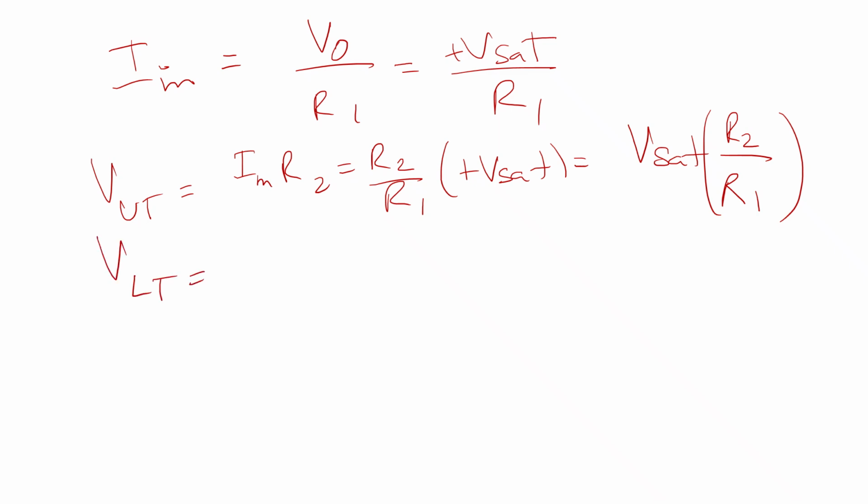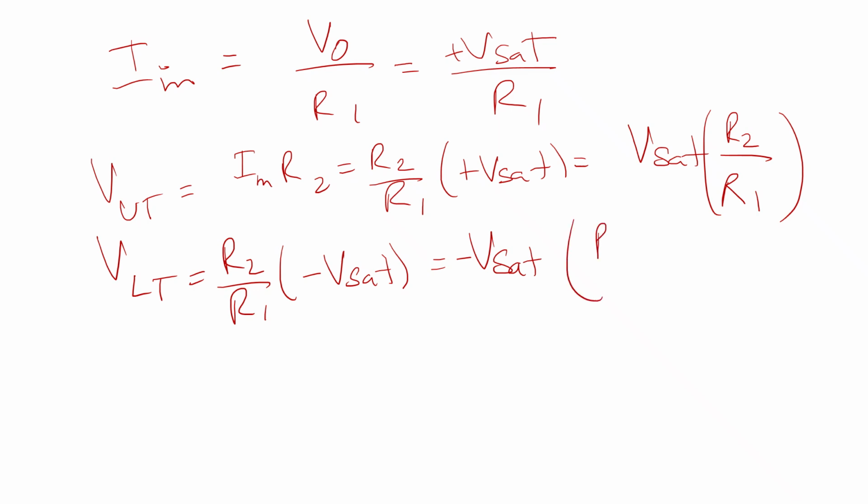And VLT is equal to R2 divided by R1 into minus Vsat, which is equal to minus Vsat into R2 divided by R1.